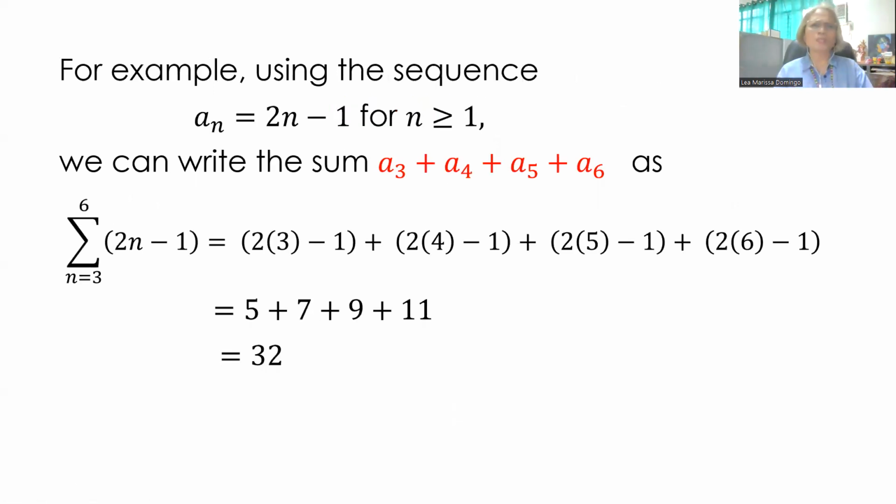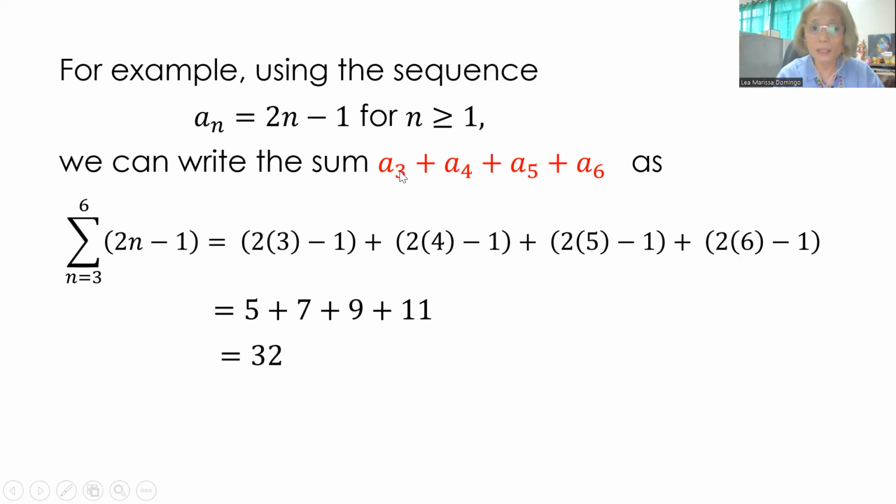So for example, in the sequence a sub n is equal to 2n minus 1 for n greater than or equal to 1, we can write the sum as a sub 3 plus a sub 4 plus a sub 5 plus a sub 6 for this sigma notation. No? So, the summation of 2n minus 1 when n is equal to 3. So, yun, no?